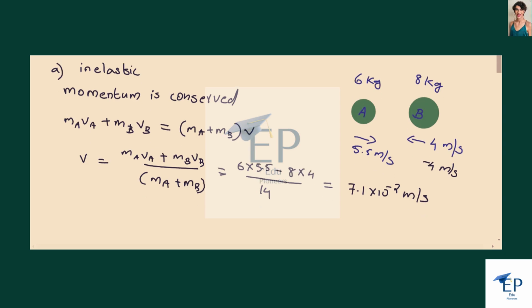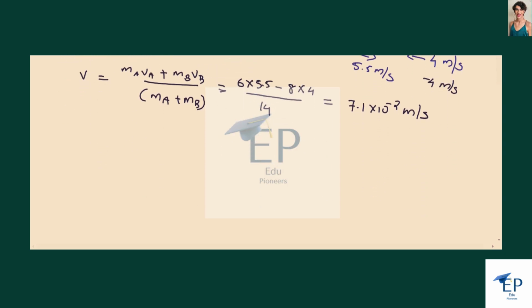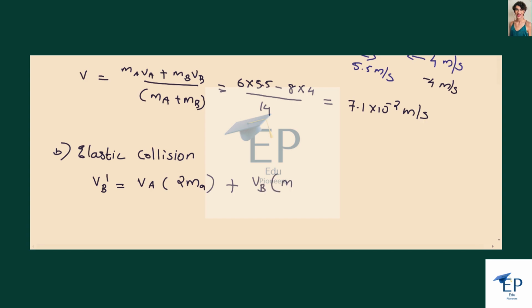Now the second case, which is completely elastic collision. So we have to find the final velocities of the balls. So we can derive the expressions for Vb prime using law of conservation of energy and law of conservation of momentum. Both the conservation laws state that the total energy or total momentum before collision is equal to total momentum or total energy after collision.